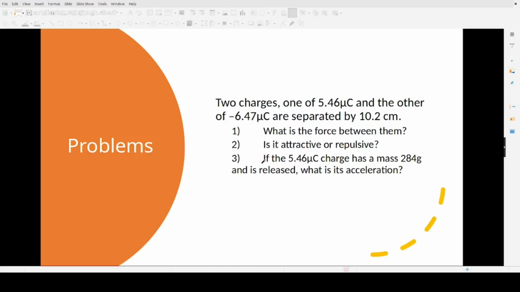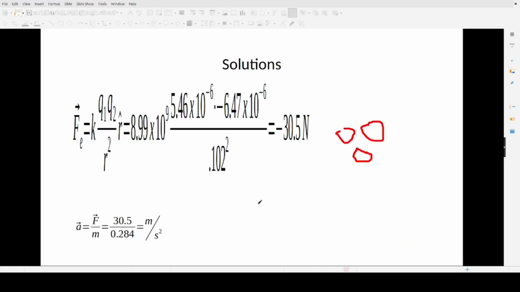And number 3, if the 5.46 microcoulomb charge has a mass of 284 grams and is released, what is its acceleration? Now, the first question was actually the easiest. Is it attractive or repulsive? Since we have a positive and a negative charge, that force is attractive.